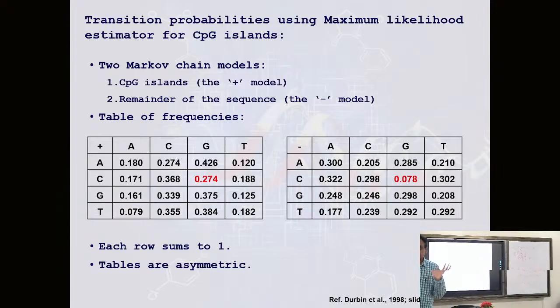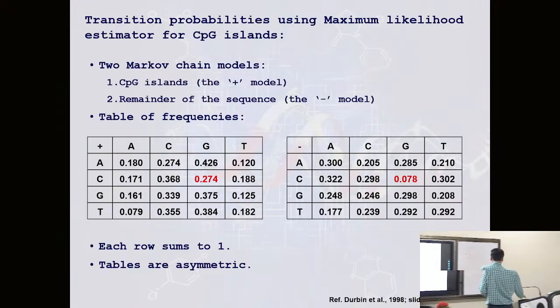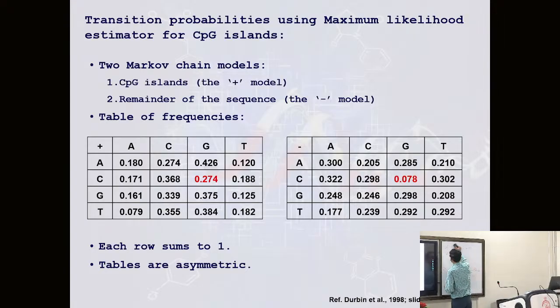So, models have been trained, and now if you are given a sequence, let us write a sequence and compute the probability of that sequence. Given a sequence T, C, G, C, G, A, C, G, G. Okay, this is the sequence.